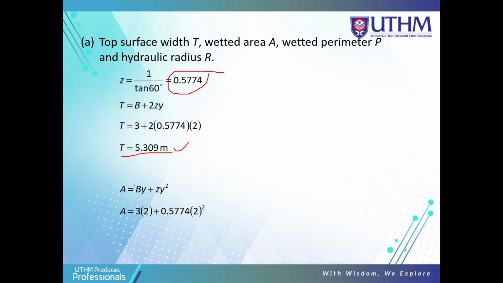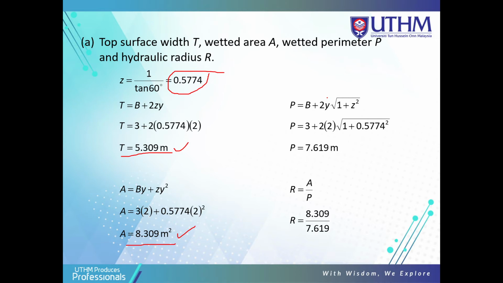After you get T, you use the formula of area and put all the values here, so you get the area. Lastly, you find the wetted perimeter and also the hydraulic radius. Just use the perimeter equation for trapezoidal, put all the values, and you get the P here.